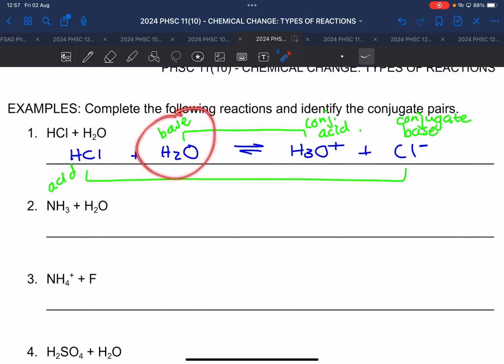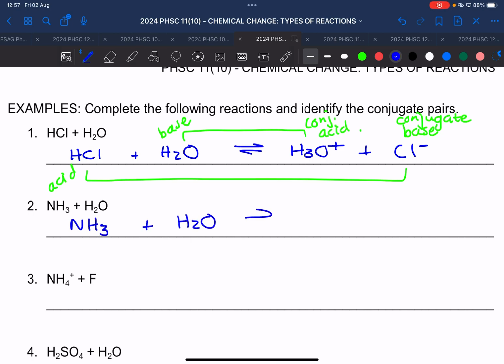Let's go on. Okay, so here we have ammonia that reacts with water. What will form? No, because if that thing gives away a hydrogen to form a hydronium ion, what do you have left? NH2. Have you ever seen NH2 in your life?